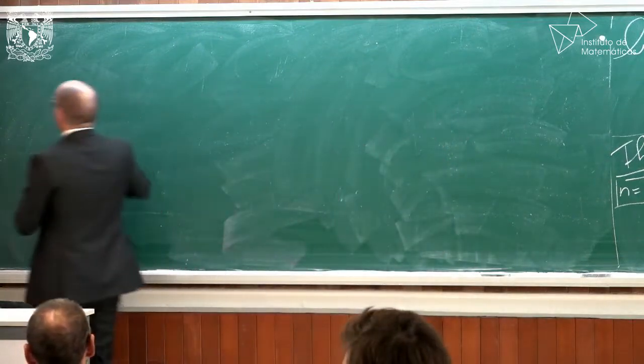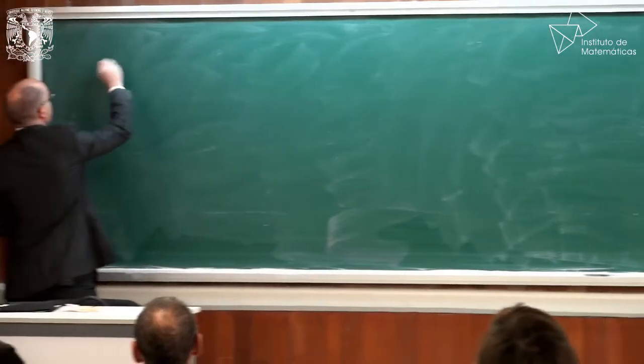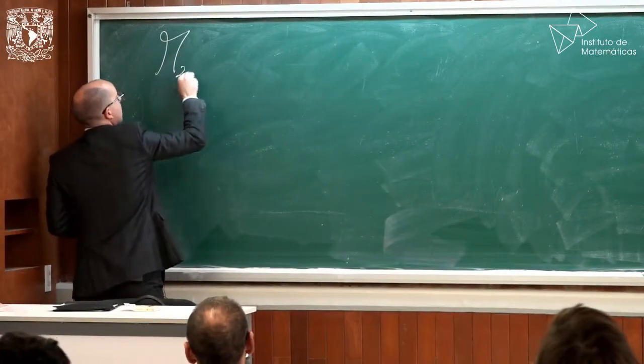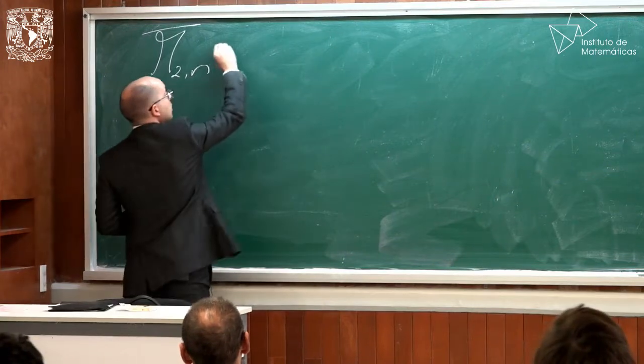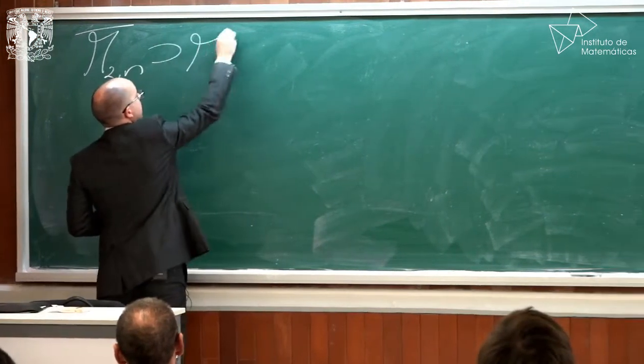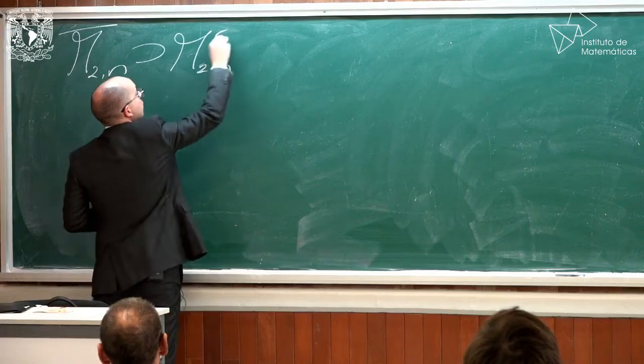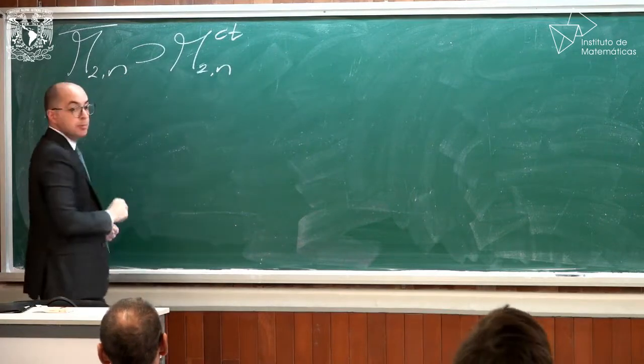Instead of considering the moduli space of curves of genus 2 with n marked points, let me look at a sub-moduli space, which I'm going to call M_{2,n} compact type.